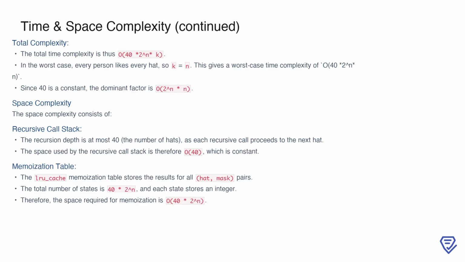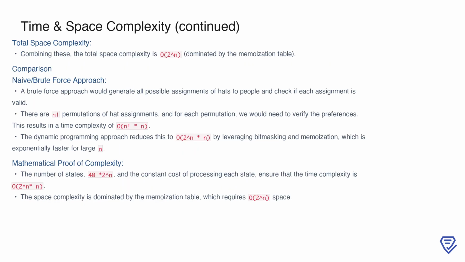Additionally, we have the memoization table, which stores results for all (hat, mask) pairs. Since there are 40*2^n states and each state stores an integer, the space required for memoization is 40*2^n. When we combine the space requirements of the recursive call stack and the memoization table, the total space complexity is dominated by the memoization table, resulting in 2^n.